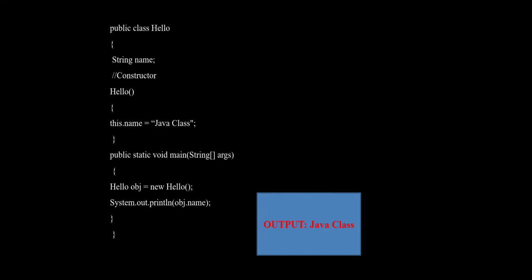Here, this is the simple example of the constructor. In this I am going to declare the Hello class with the public keyword. Class is a keyword, Hello is the class name. In this I am going to initialize instance variables, that is String name. String is a keyword, with the help of that we are creating a variable.